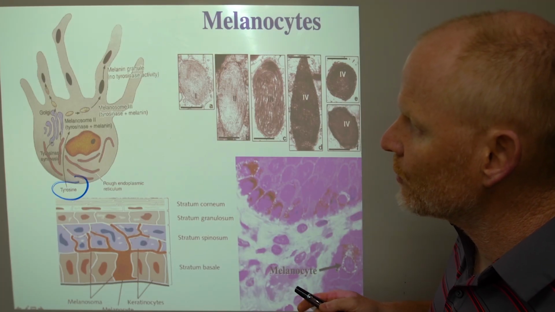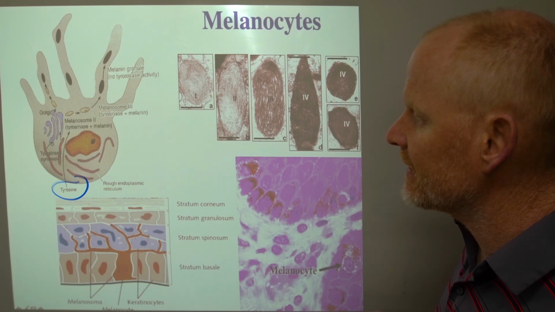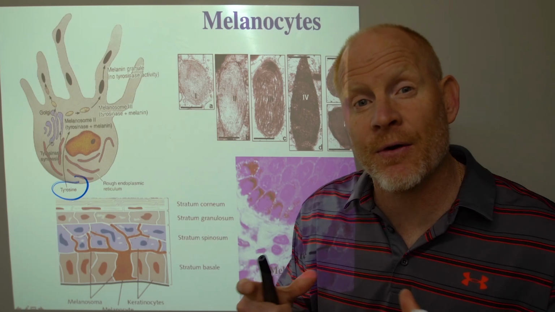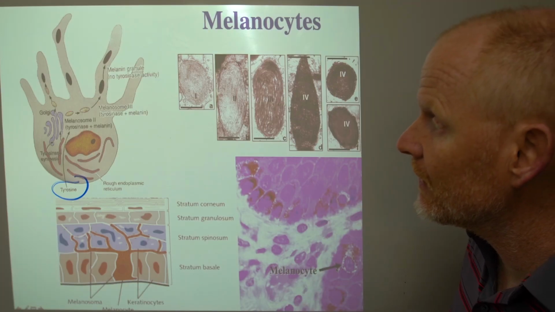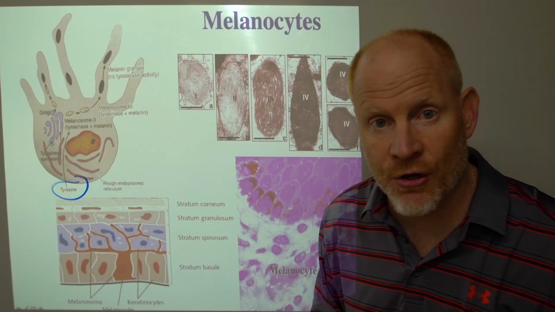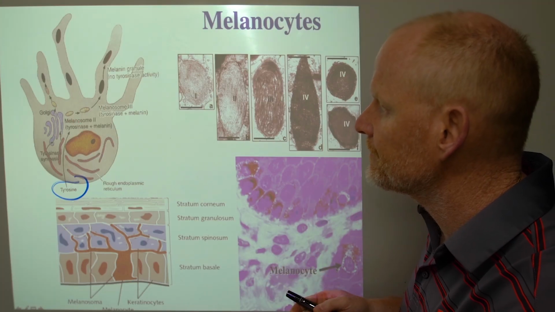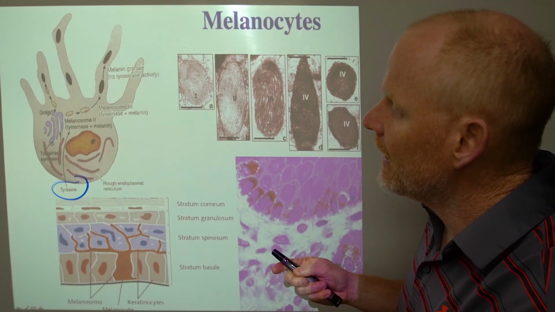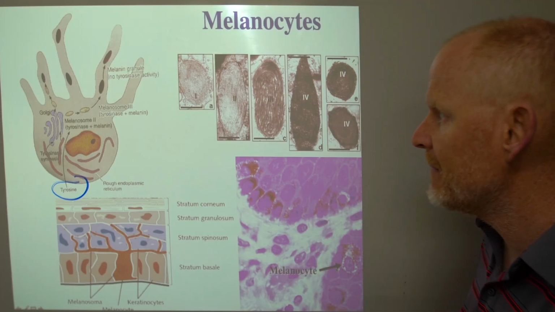Once in the Golgi apparatus, the tyrosinase is packaged with a bunch of other proteins that will then be released as a really large vesicle called a melanosome. The melanosome has stage numbers 1 through 4, 1 being the immature, 4 being a mature melanin granule.